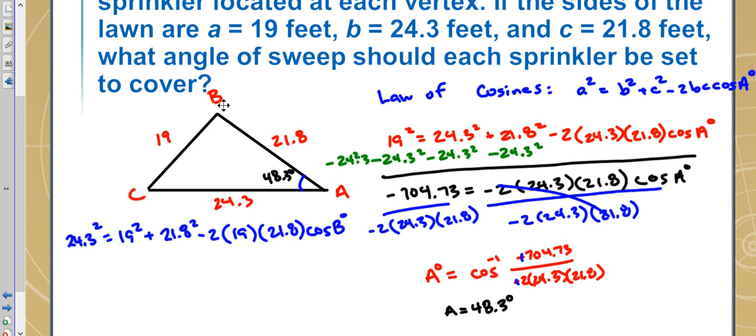There's our formula. All you do is it's kind of like the Pythagorean theorem, except you put the 2 that you have on the other side, and then you subtract 2 times those 2 values in the cosine.